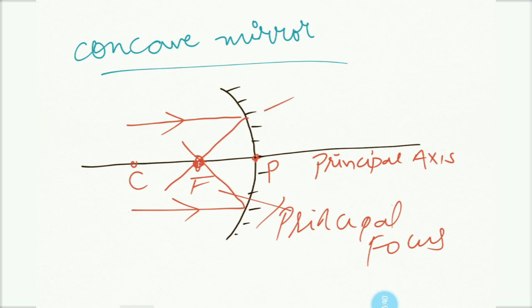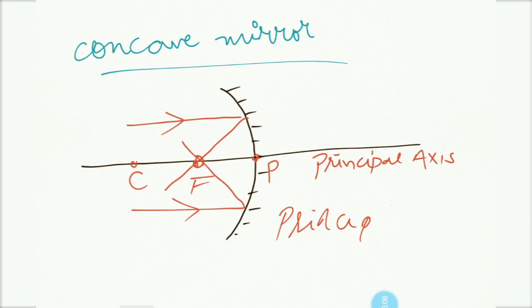Okay, so this is actually one law also, for finding out sign convention and all that, and we will see that in ray diagrams, this law is important. Okay, we will see it in the next video, no worries. Okay, so that is the principal focus. So just remember one thing, where all the reflected rays join and meet in one point, that point is the principal focus. That's it, nothing else to remember.